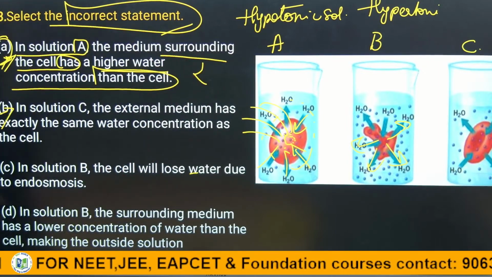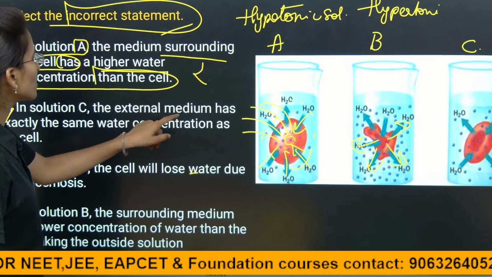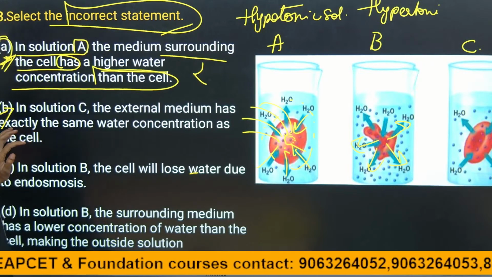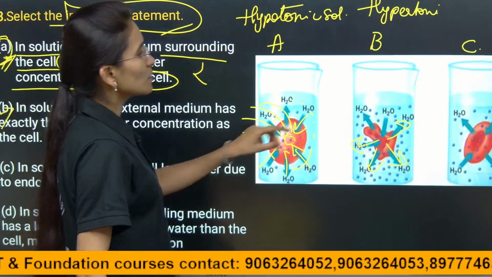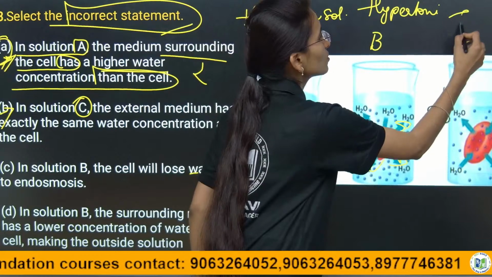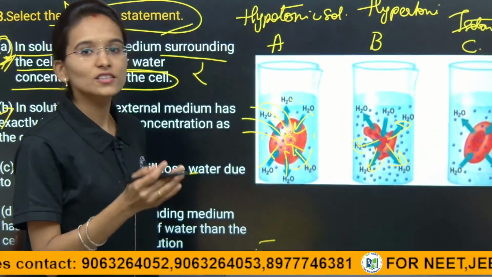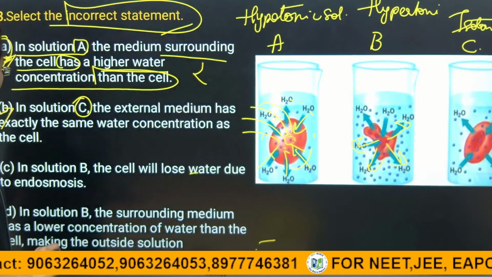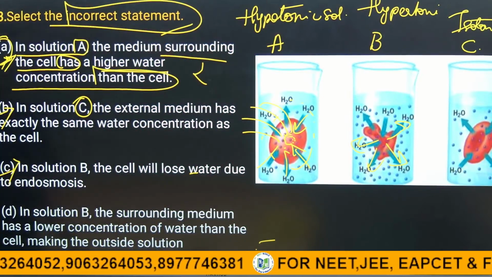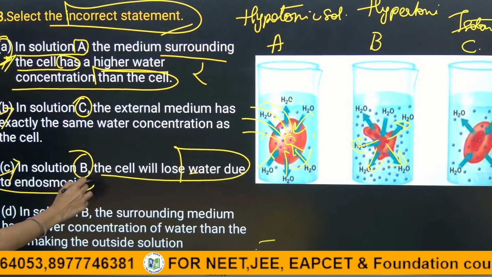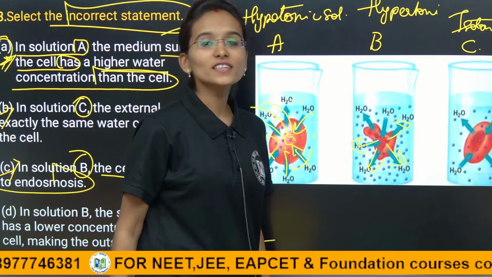Next, option B: in solution C, the external medium has exactly the same water concentration as the cell. Yes, absolutely right, because it is an isotonic solution, where there will be equal concentration inside the cell and outside the cell. Next, option C: in solution B, the cell will lose the water due to endosmosis. What is endosmosis, children?